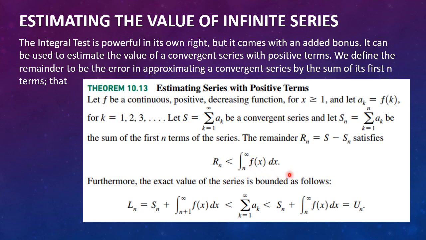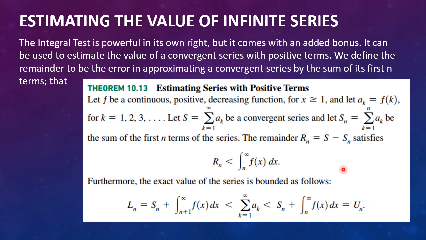Furthermore, the exact value of the series is bounded as follows. L sub n equals S sub n plus the integral from n plus 1 to infinity of f of x dx, which is less than the value of the infinite series, which is less than S sub n plus the integral from n to infinity of f of x dx, which equals U sub n. Okay?